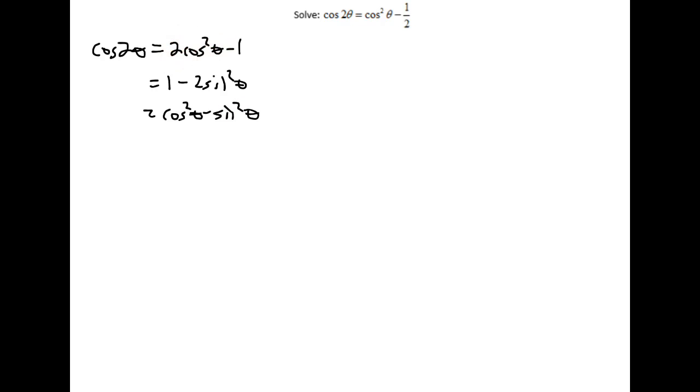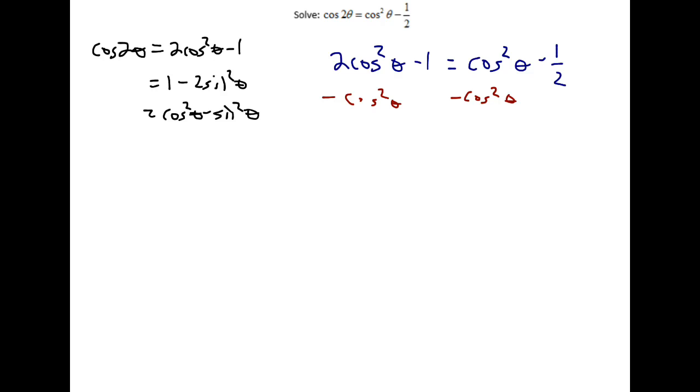So let's just plug in the top one. Cosine of 2 theta is equal to 2 cosine squared theta minus 1. All I did is replace the cosine of 2 theta, and the other side of the equal sign stays the same. Now you notice that we can subtract this over, so we subtract the cosine squared theta from both sides.